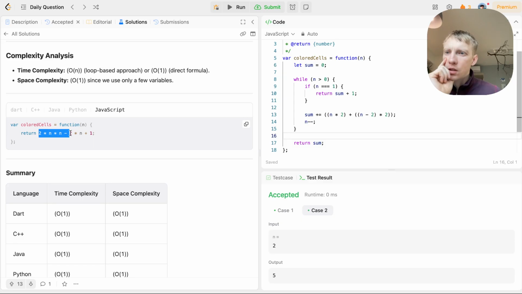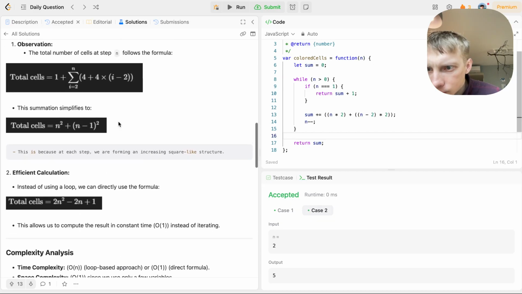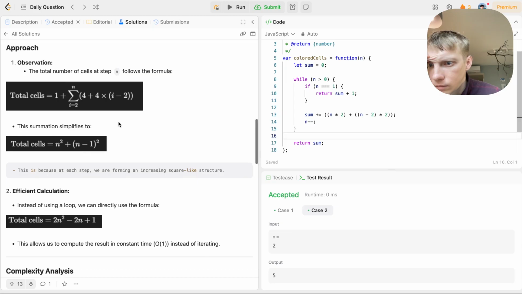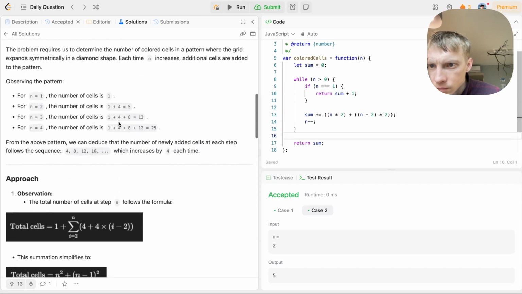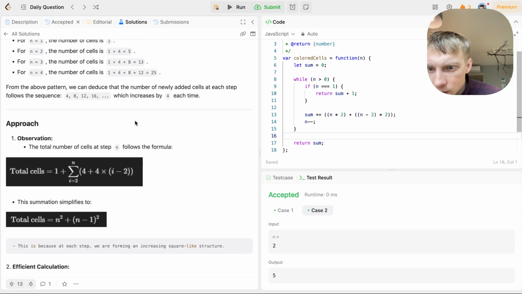Yeah, there is a formula that can help. 2 multiplied by n multiplied by n minus 2 multiplied by n, really. So the solution is more like mathematical.